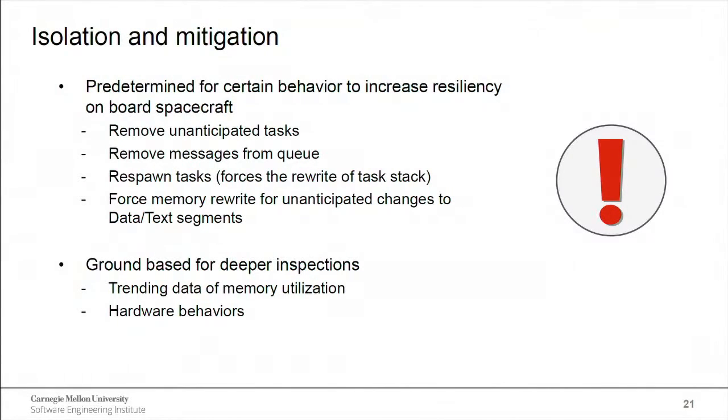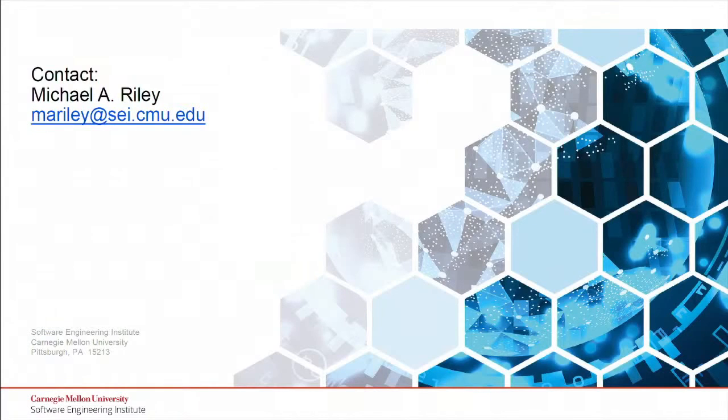Identified here are some potential methods to deal with mitigation, and ideally we'll have a lot of ground-based information for trending and hardware behaviors in the future. And that's all I got.